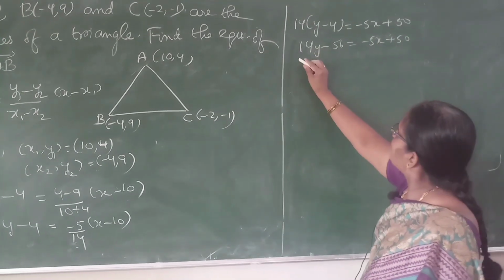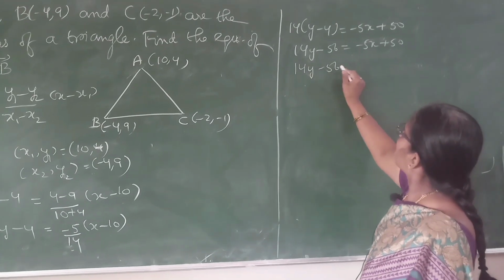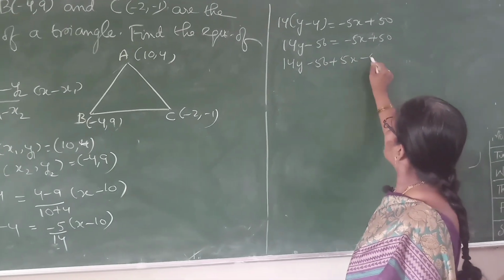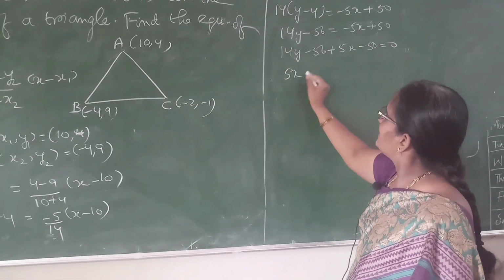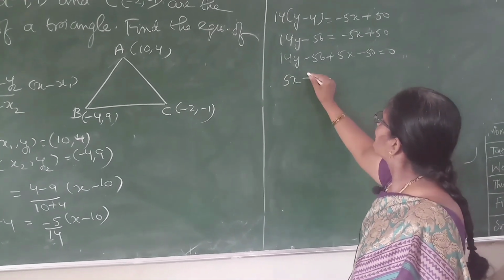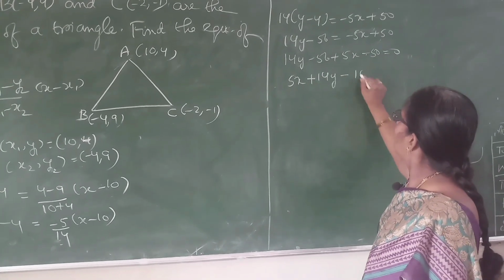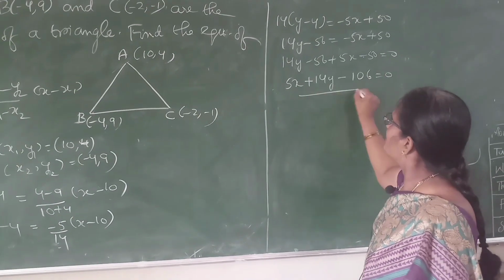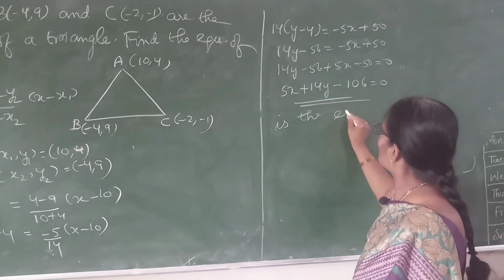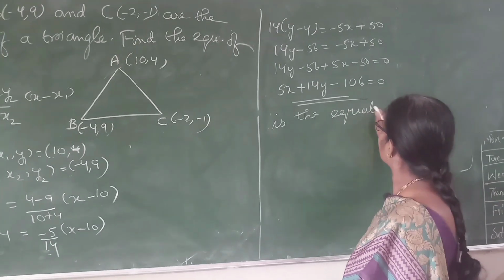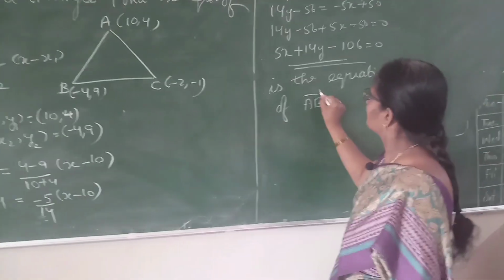Bring this to the left hand side: 14y minus 56 plus 5x minus 50 equals 0. So 5x plus 14y minus 106 equals 0 is the equation of line AB.